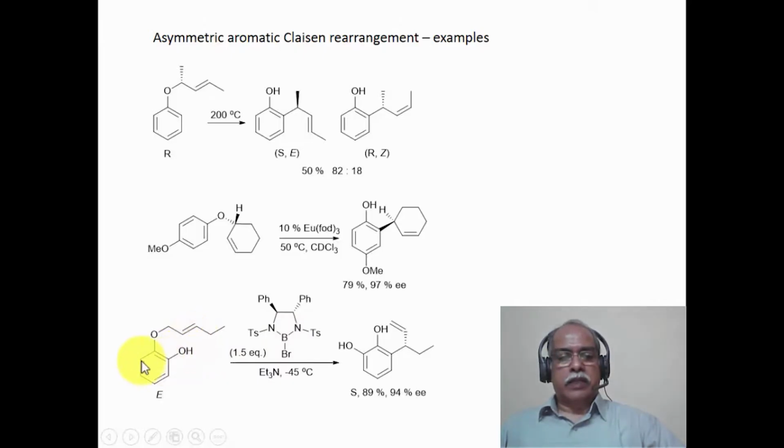The rearrangement takes place at this carbon, which is the ortho carbon, because the other ortho carbon is occupied by the hydroxy functional group. So chirality induction takes place. Up to 94% enantioselectivity of the S isomer is formed from the E isomer of the allyl derivative in this particular case, because of the chiral nature of the catalyst being used. It is really not a catalyst, it is used in stoichiometric amount to form the corresponding boron phenolate of this kind in this particular instance.